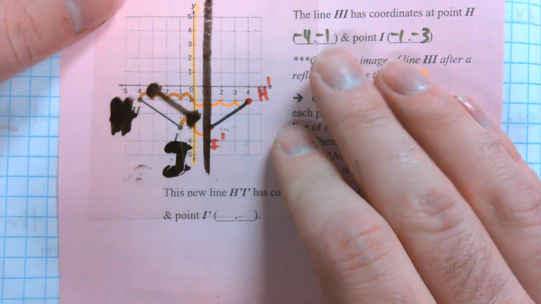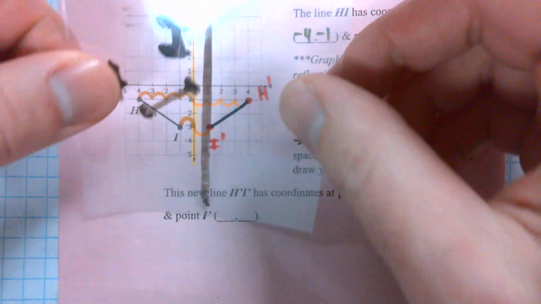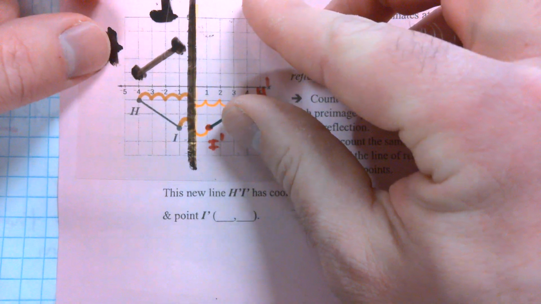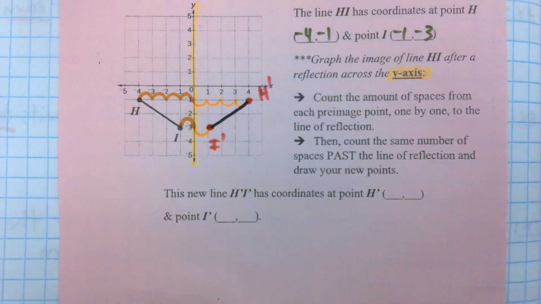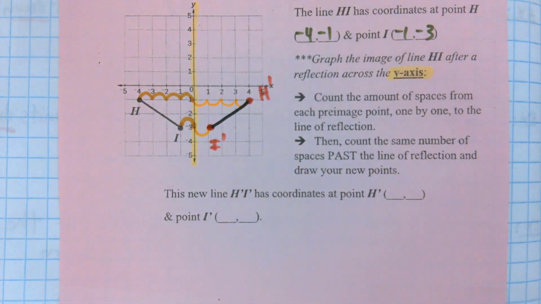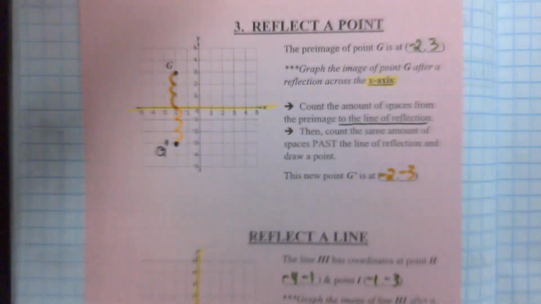Now, if we started here and we were going to flip over the x-axis, we'd flip it up. And it would look something like that. No, we're going to do y-axis again, but that's okay. We'll get some practice with it later on. Now, we can't tell with the point that it's inverted because it's just a point.